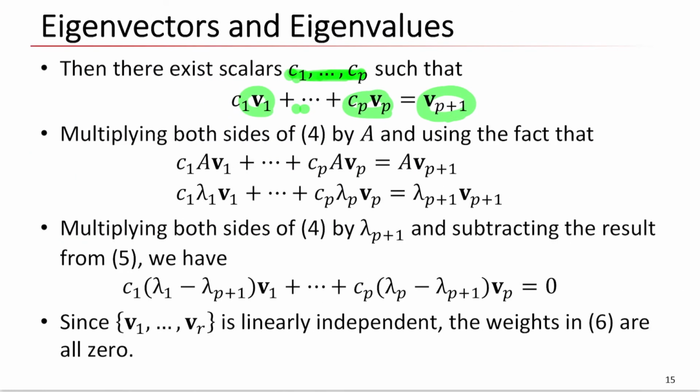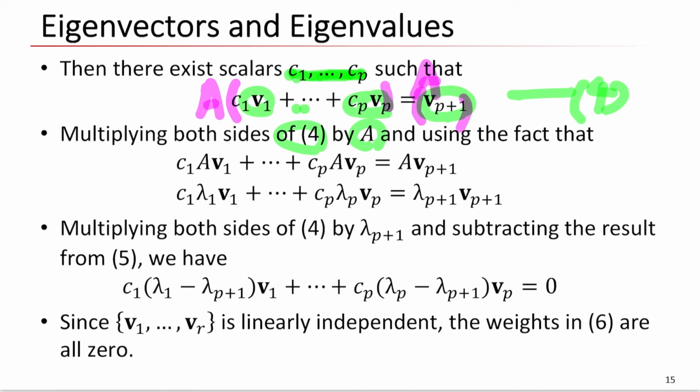Let's say this is equation 4, and multiplying both sides of equation 4 by the matrix A, we can compute this.